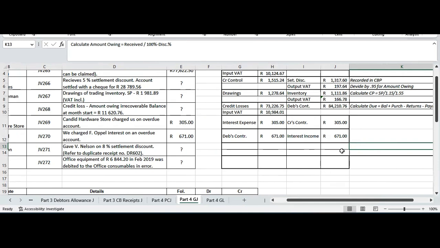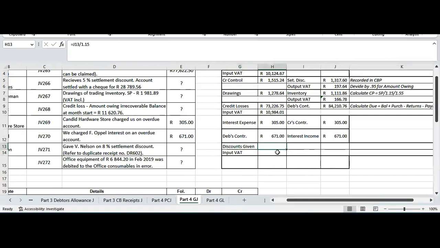So first thing that we have to do is just look at the accounts that are applicable. So we give a discount. If we give a discount, we know that we will be able to claim input VAT, because for us, giving somebody discount is an expense.